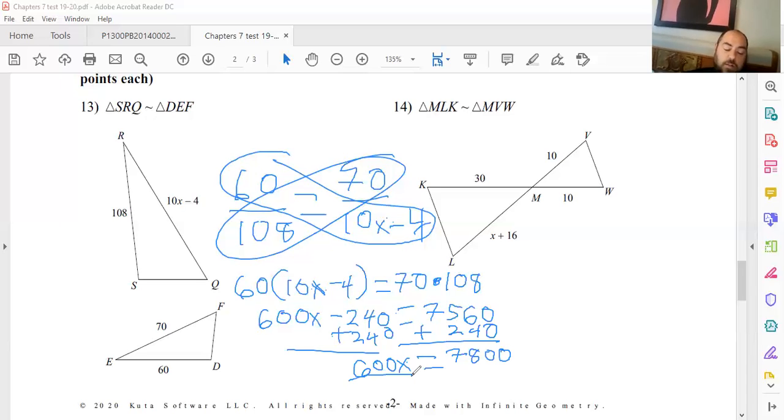Divide both sides by 600. Notice the zeros cancel out, so we have x equals 78 divided by 6, which is 13. Okay, that's step one. We then need to go back up, plug it back in. 10 times 13 is 130. 130 minus 4 is 126.